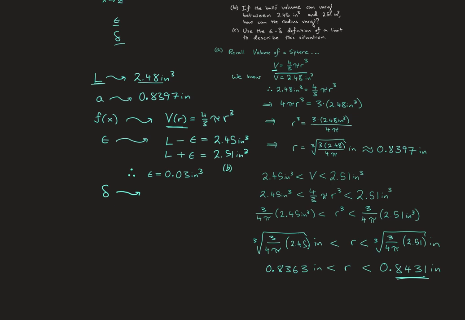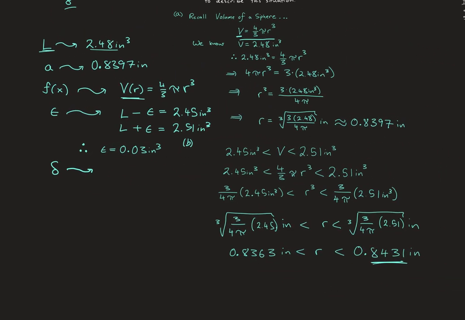All right, so I'll write that down. This is one option for delta, minus 0.8363, and that is equal to 0.0034, and we can name that delta 1.